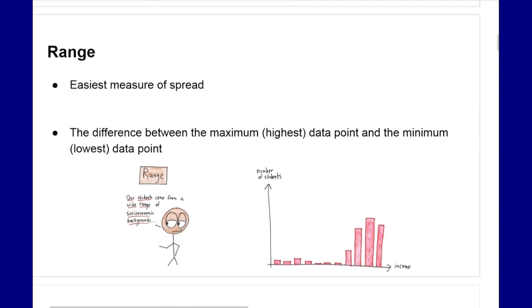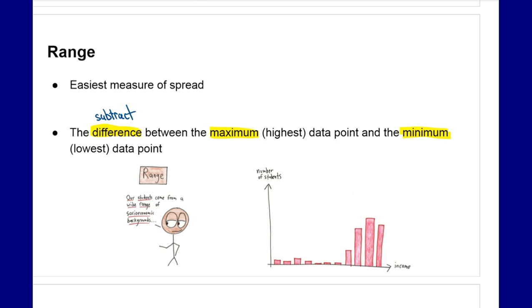For example, range is the easiest measure of spread. It's the difference between the maximum and the minimum, or the difference between the highest and the lowest data points. Difference means subtract, so we're subtracting the lowest data point from the highest. And similar to the measures of central tendency, we can misrepresent these values. For example, we might say our students come from a wide range of socioeconomic backgrounds.